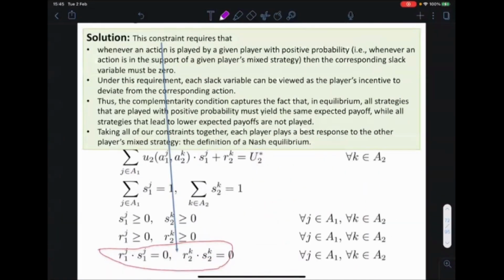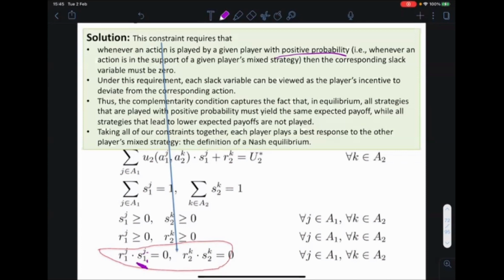I'm going to repeat what I said again, and it's already written here as well. For you to really understand this, when an action is played by a given player, suppose this action J from player 1 is played with positive probability, and this one would be larger than 0.